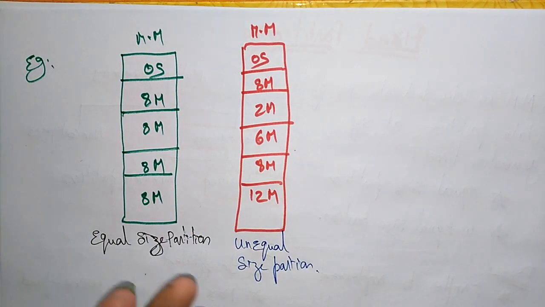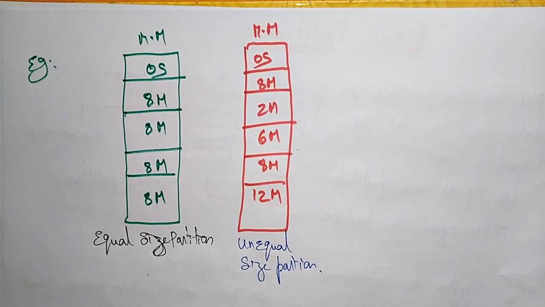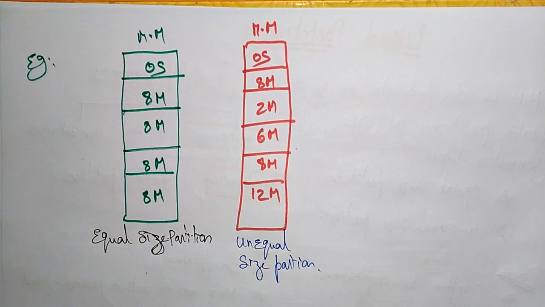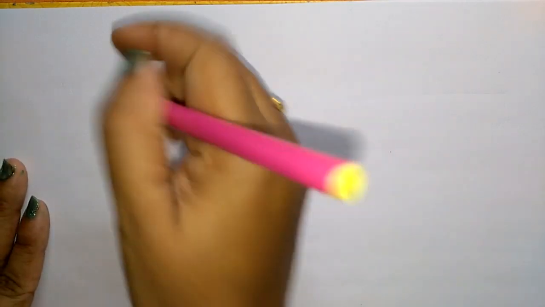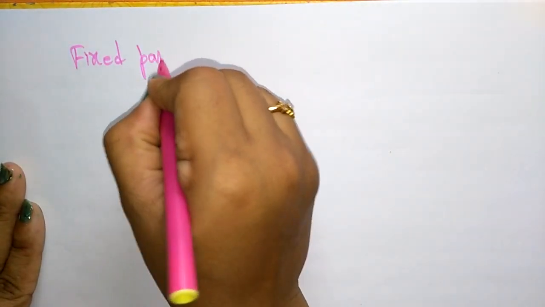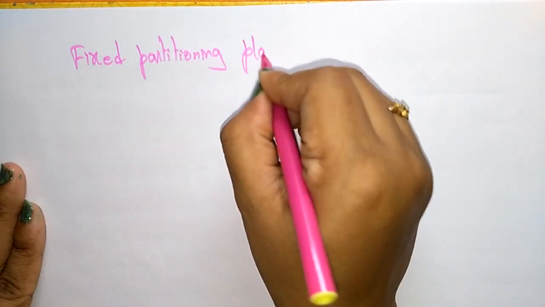Let me explain using the placement algorithm. As said, fixed partitioning can be done using one process queue per partition or a single queue. Let us take the fixed partitioning placement algorithm.